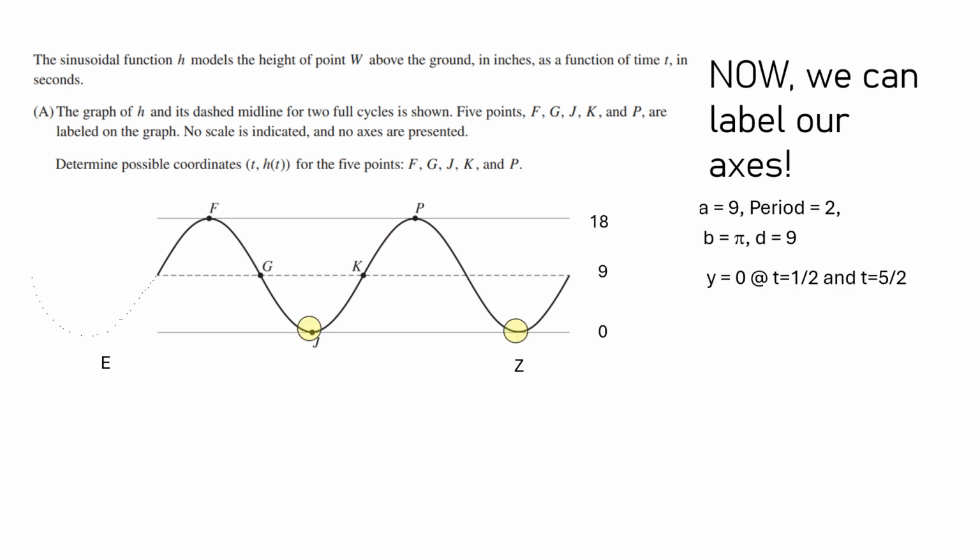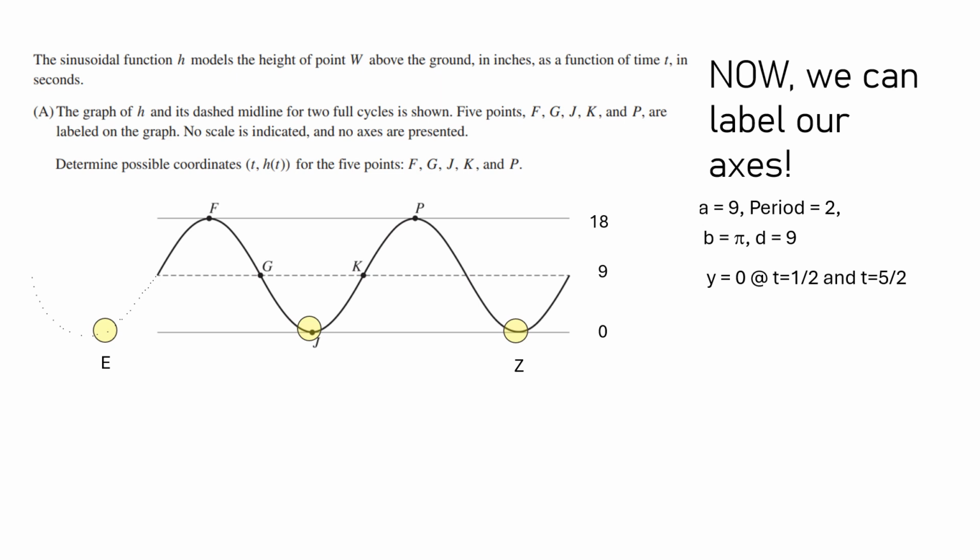So I know that my W on my wheel is touching the ground at certain times. I added these points E and Z, just so we have a reference on those.